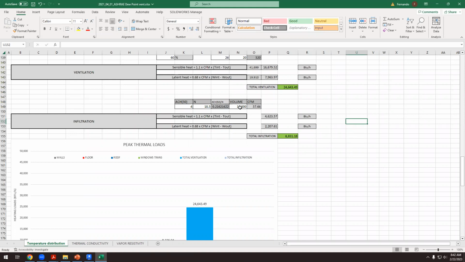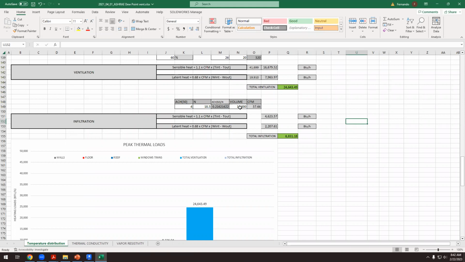What does air changes per hour mean? It's the volume of the house, or the room, whatever we are testing, divided by 1 hour. What volume? The internal volume.